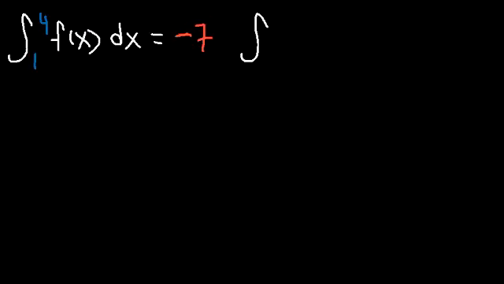So knowing that, let's say the integral from 1 to 4 f of x dx is equal to -7, and the integral from 1 to 8 f of x dx is -13.